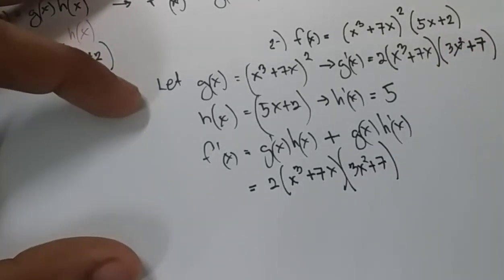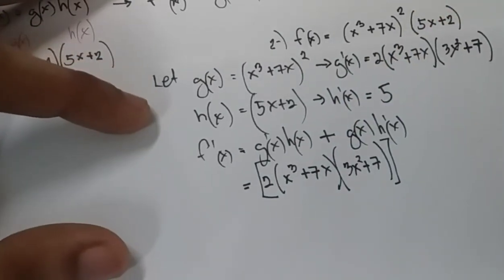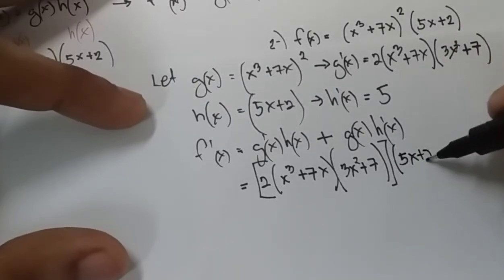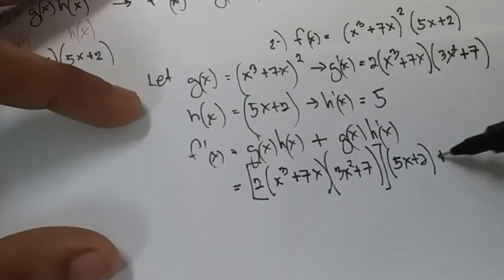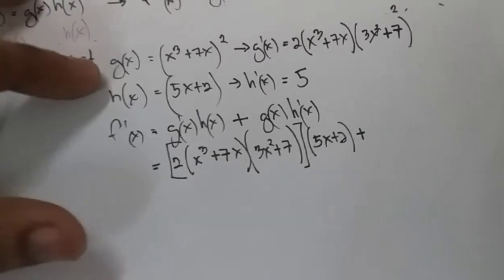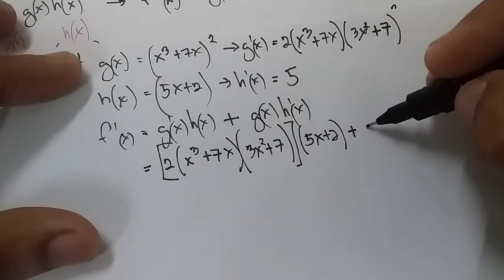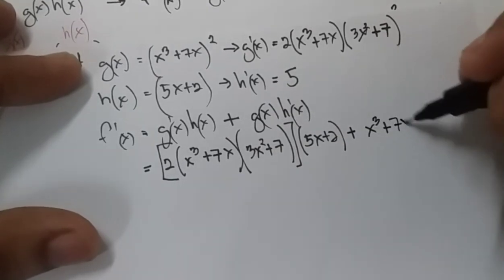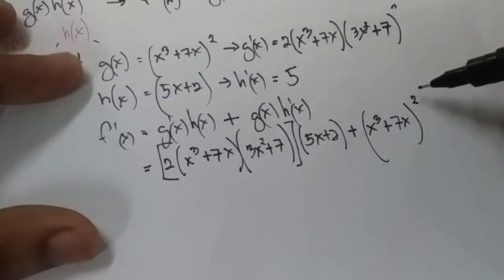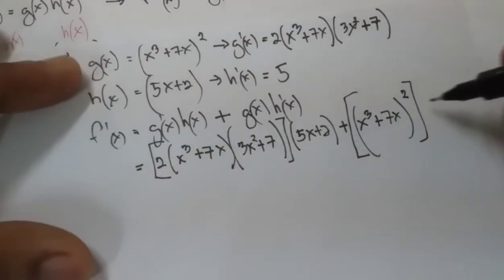Then for our h of x, we have 5x plus 2. Then we put the operation plus. For the second term, we have g of x, which is x cubed plus 7x to the power of 2, and for our h prime of x, it's equal to 5 only.